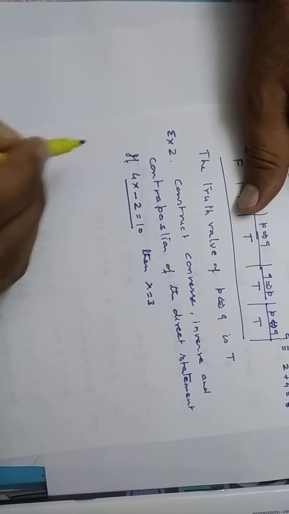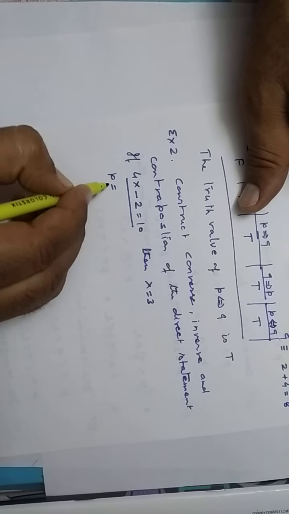Here we have two statements. One is 4x minus 2 is equal to 10. So we say this is the P here.